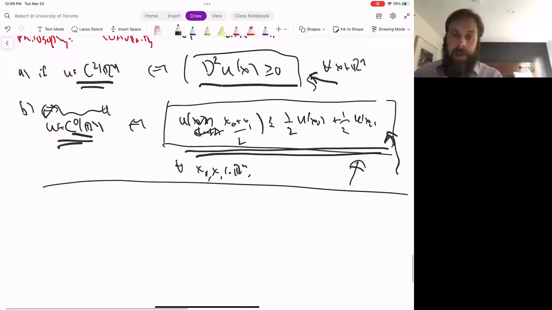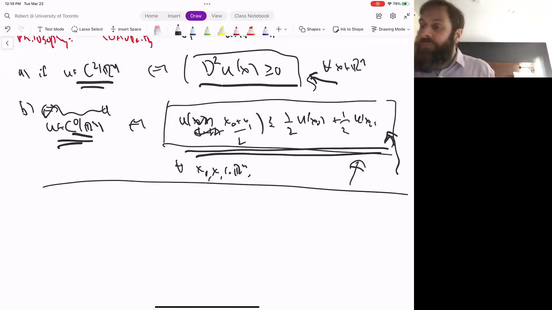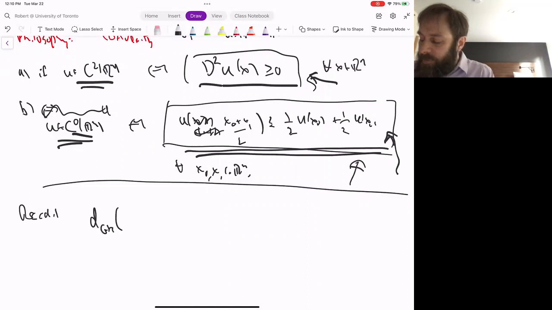Okay, so now let's move from Hausdorff metric to Gromov-Hausdorff metric. I gave this definition of the Gromov-Hausdorff metric. So recall the Gromov-Hausdorff distance between two metric spaces, let's say M1, D1 and M2, D2.